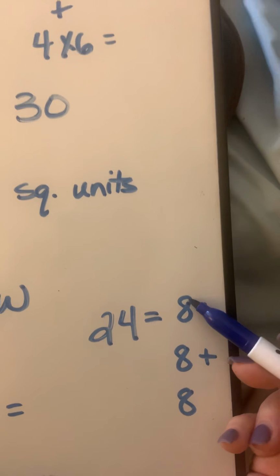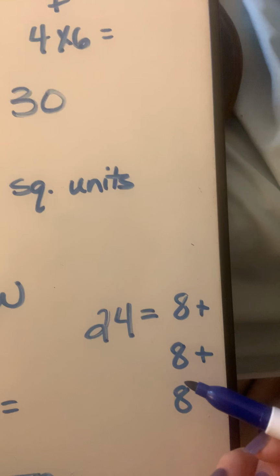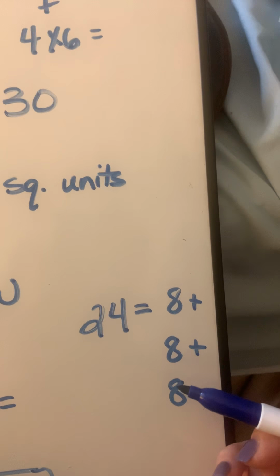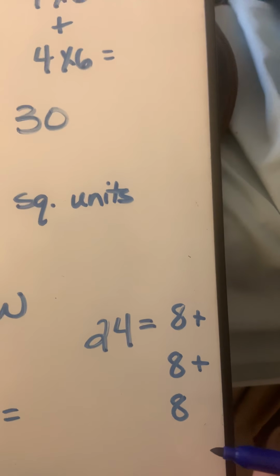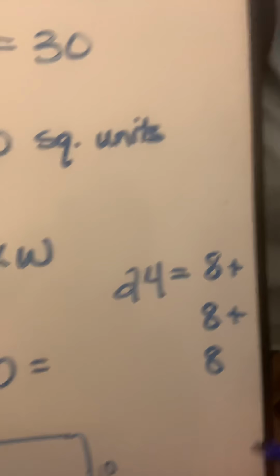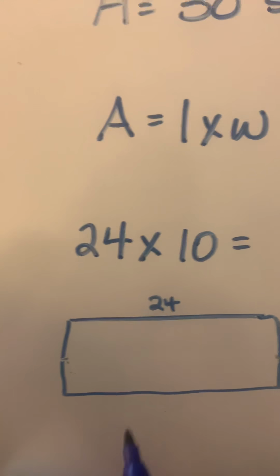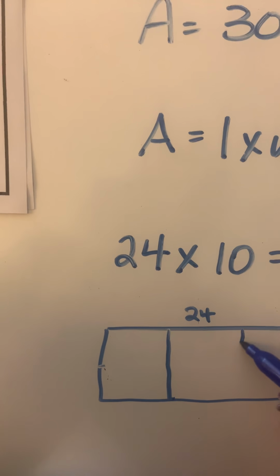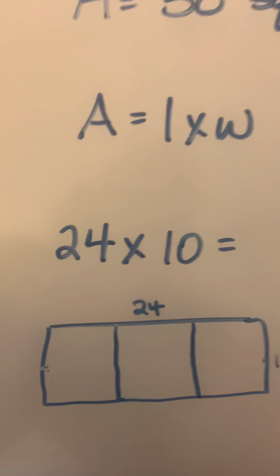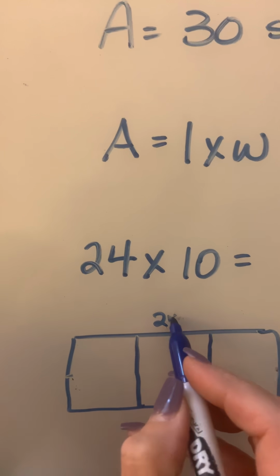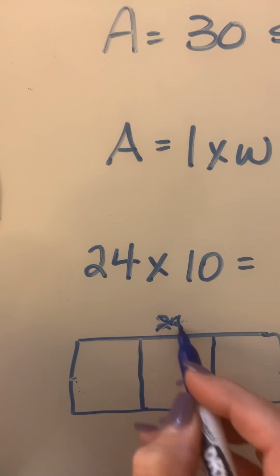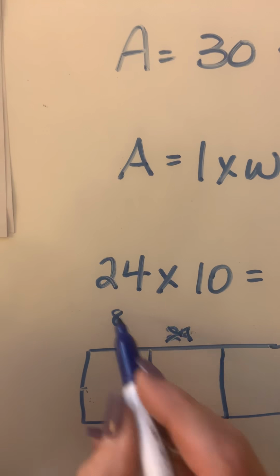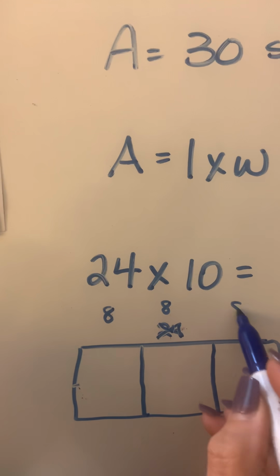Well, let's see. 8 plus 8 is 16, plus another 8 is 24. So what if I did this? Now you saw I didn't measure it. I'm just kind of showing you an example. So instead of 24, now I'm thinking 8, 8, 8.